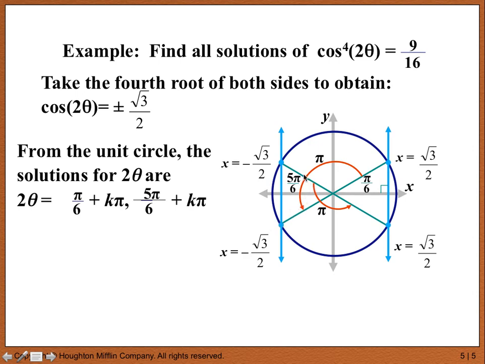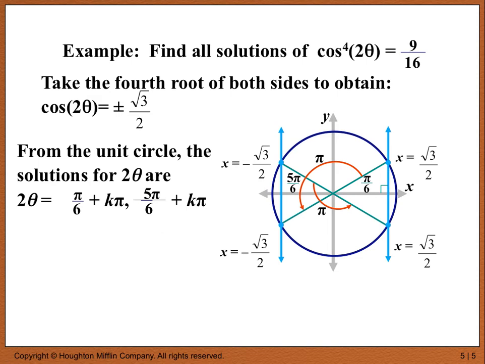Also, if I go to the 5 pi over 6 angle, which has an x-coordinate of negative root 3 over 2, and then go pi units away from it, I end up at 11 pi over 6, and that's also a valid solution. And so that's the pattern: pi over 6 plus k pi, or 5 pi over 6 plus k pi.